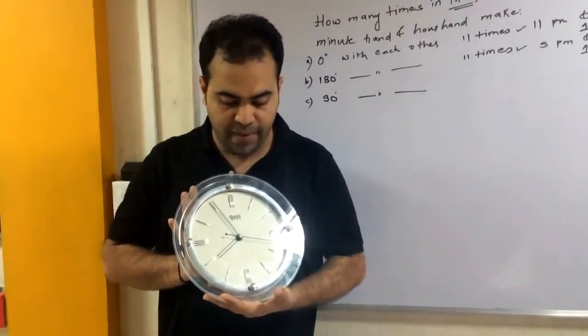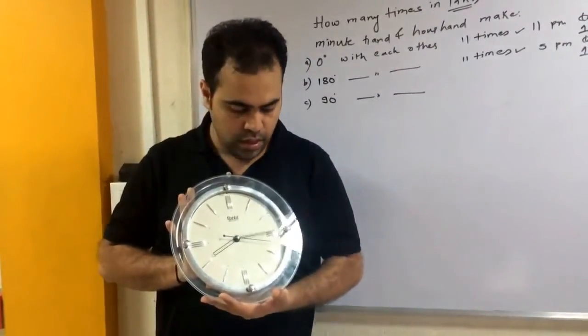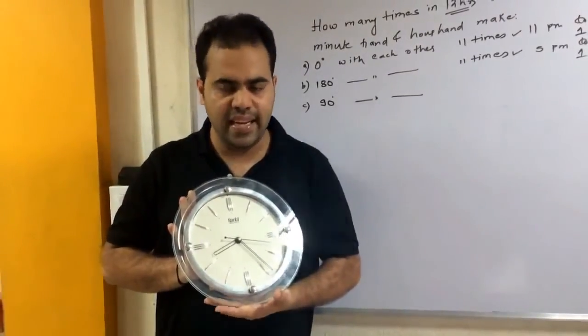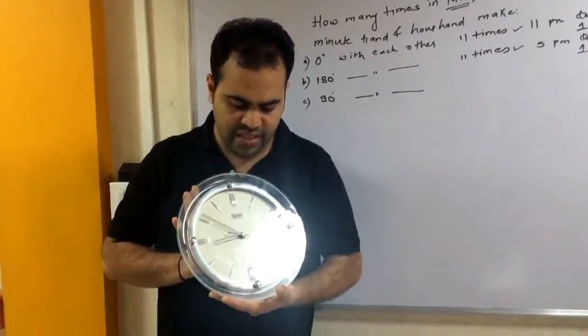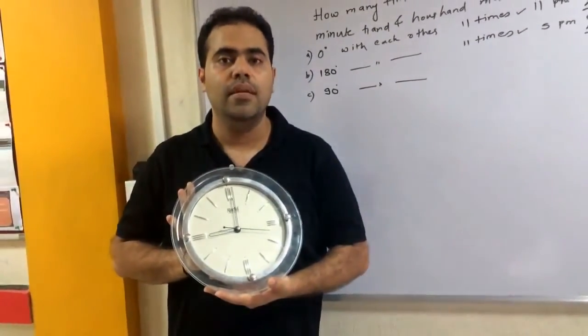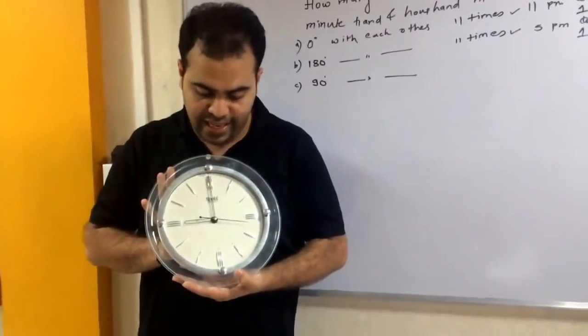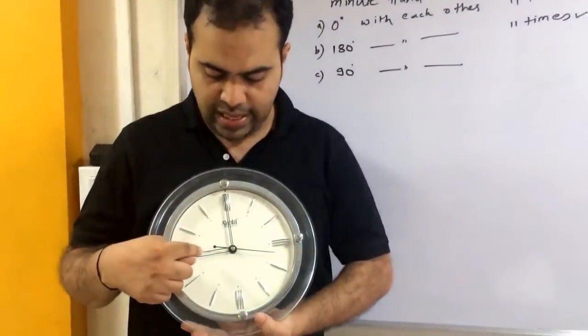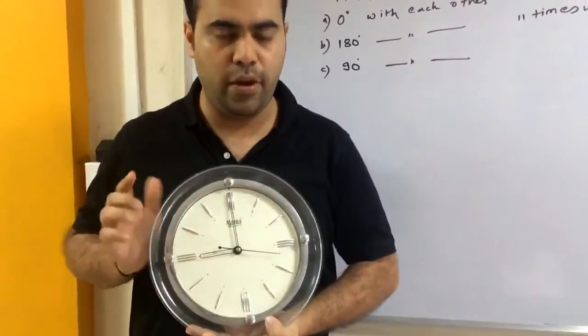Now let's see what will happen between 8 and 9. Around 8:25 the angle is 90 degrees, and then the next time the 90 degree angle comes at 9 o'clock sharp, right? So between 8 and 9 the 90 degree angle was being made only once, and the next 90 degree is made sharp at 9 o'clock.